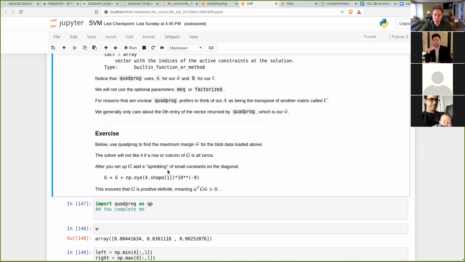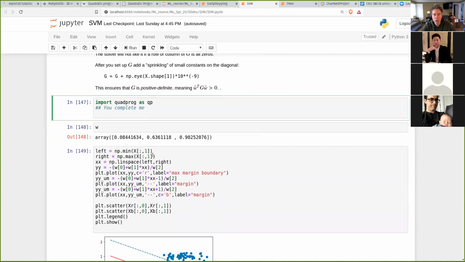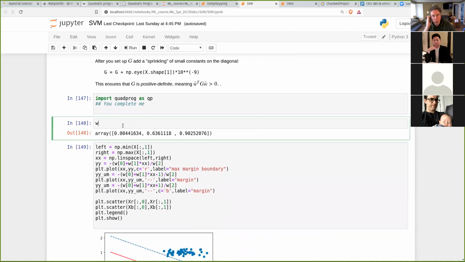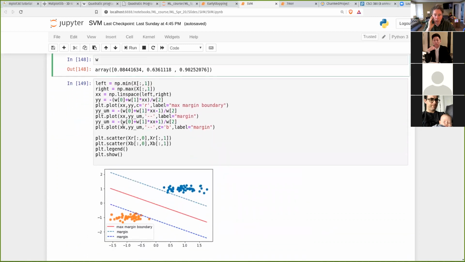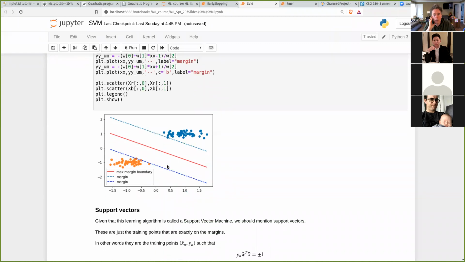Okay. So here's where you can just do all that stuff that we just described. And when you do, you should get this W. And here's what it looks like. It's beautiful. It finds this maximum margin separator, and you can even see what the support vectors are.